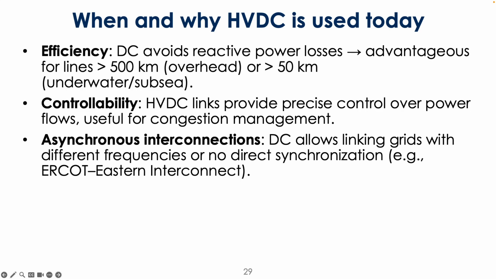There do exist some links between those, and that link is in DC. That's the thing that allows different frequencies to connect without having to sync up. So you have to go from AC to DC back to AC.